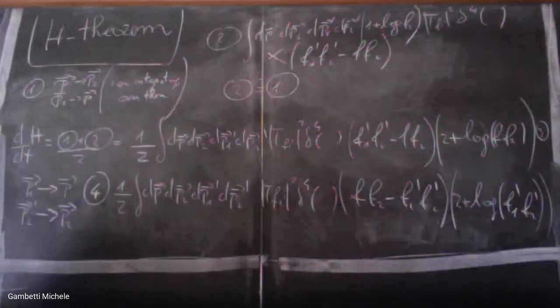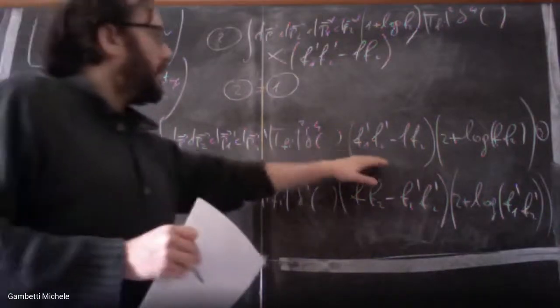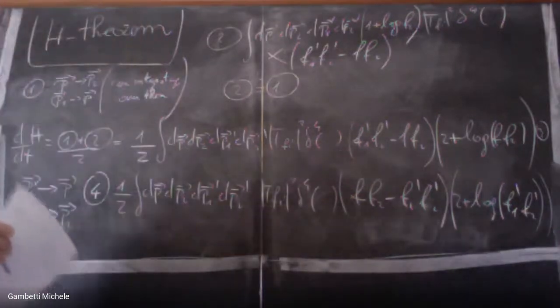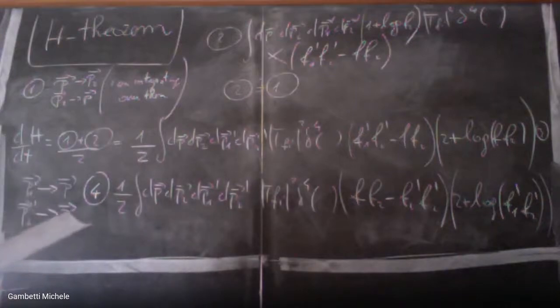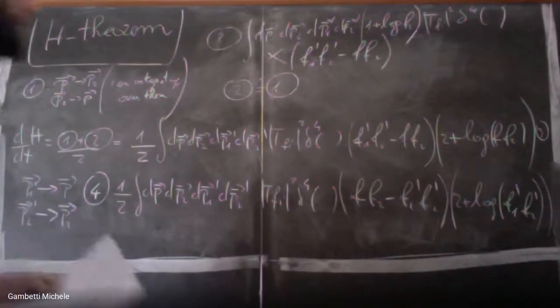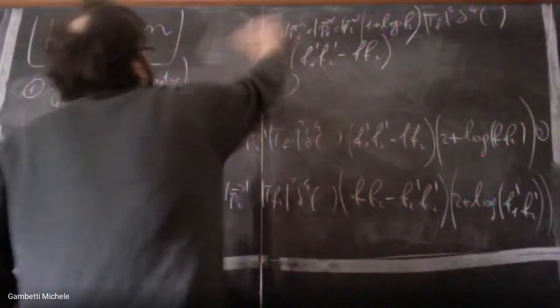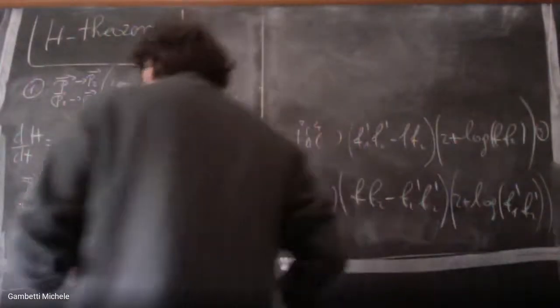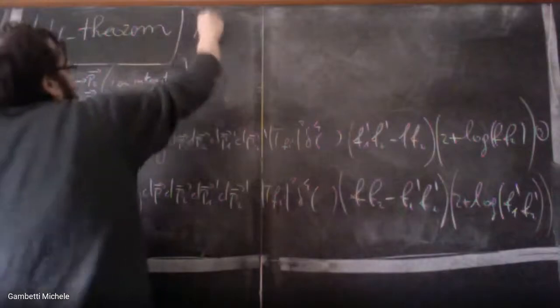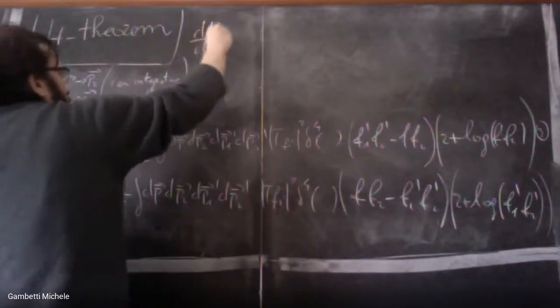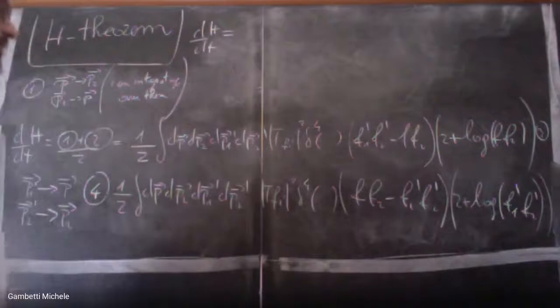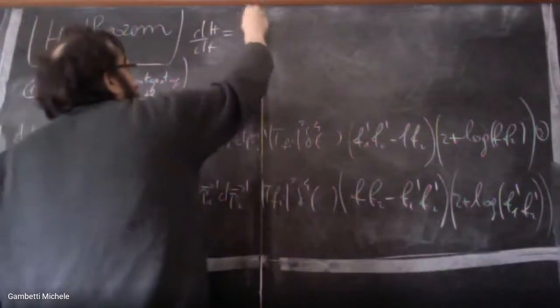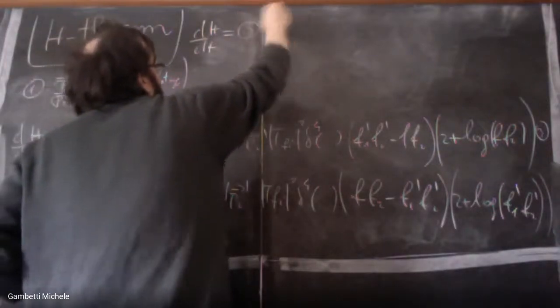Okay, so I have 3 and 4, which again are the same quantity, namely the derivative of h with respect to time. So I can write the derivative of h with respect to time as 3 plus 4 divided by 2.